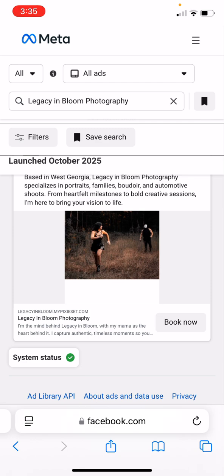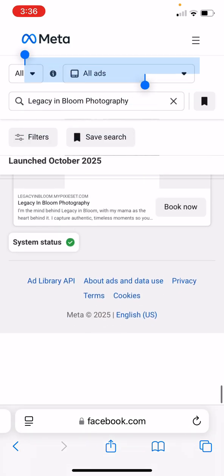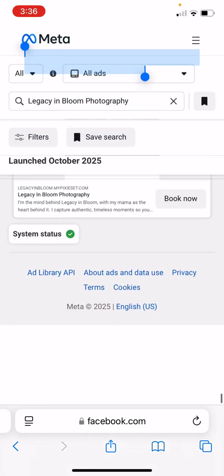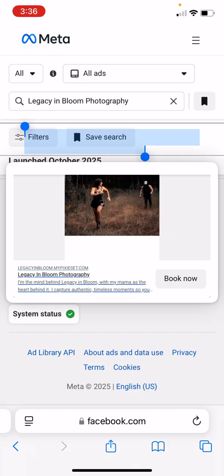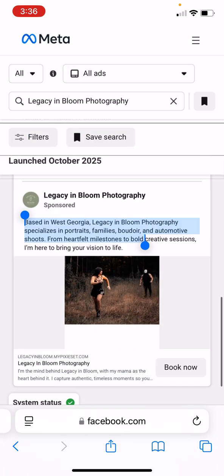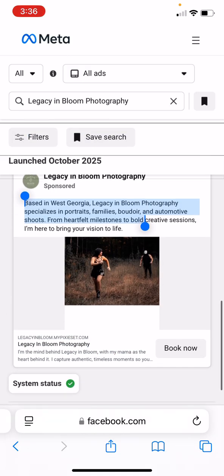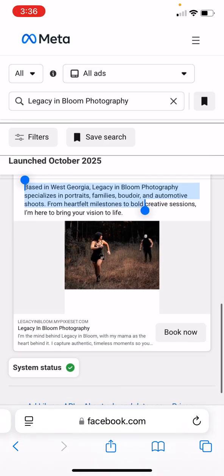Number one is 5% of the reason why is, as people are scanning, their subconscious is digesting the see more headline that I highlighted, and when they get here, that registers on their subconscious. But it's right when they're looking here at the bottom. So if there are words here that do not match the words up here, West Georgia, Legacy. Okay, so you've got Legacy and Bloom Photography in both places.